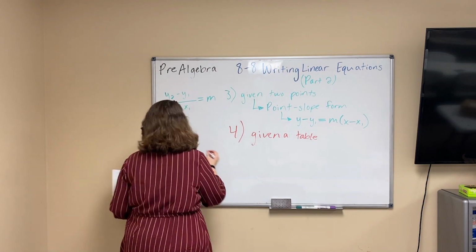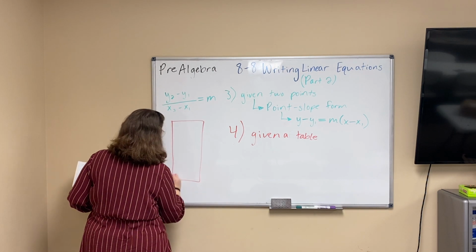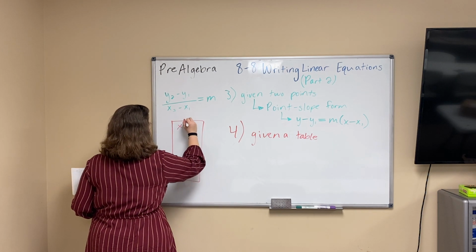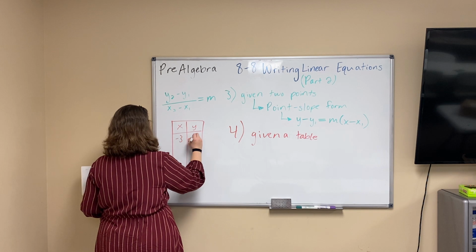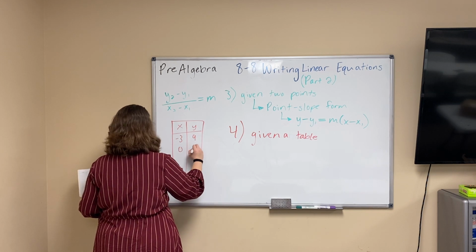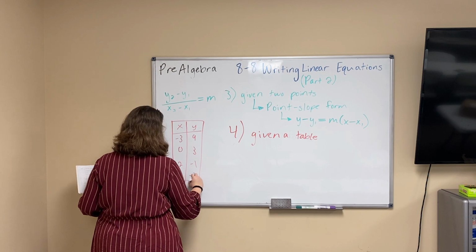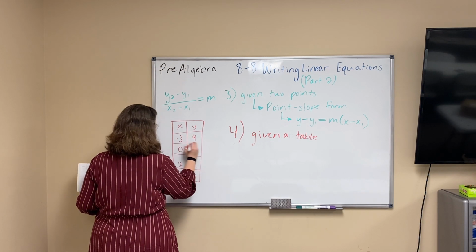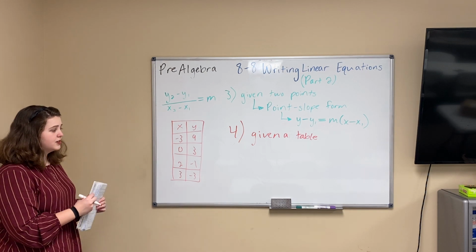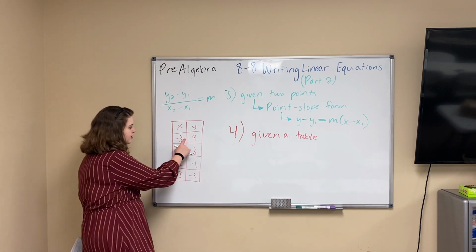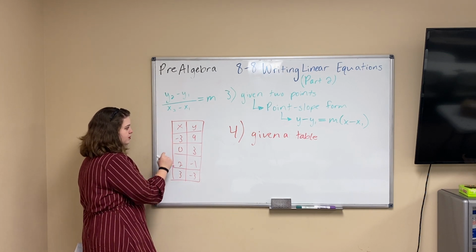Do you remember what they look like? Where we're going to write x and y like this, and then they're going to give you some x's and y's. You guys are familiar with tables. Basically what a table is for you guys is a series of points on your graph, right? Remember, you know how to already turn a table into ordered pairs.